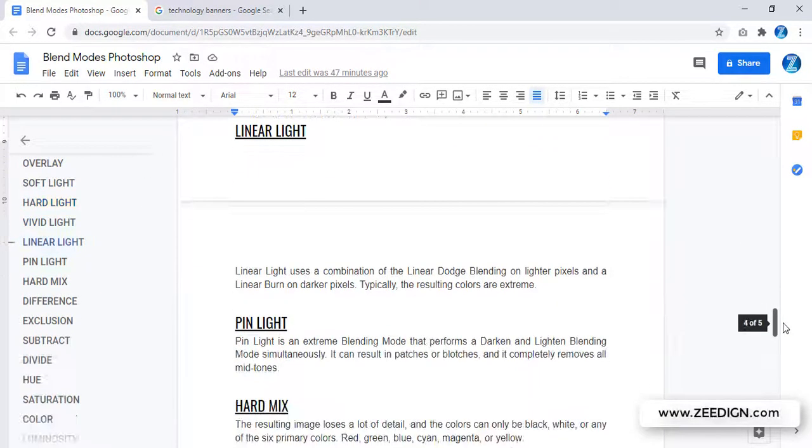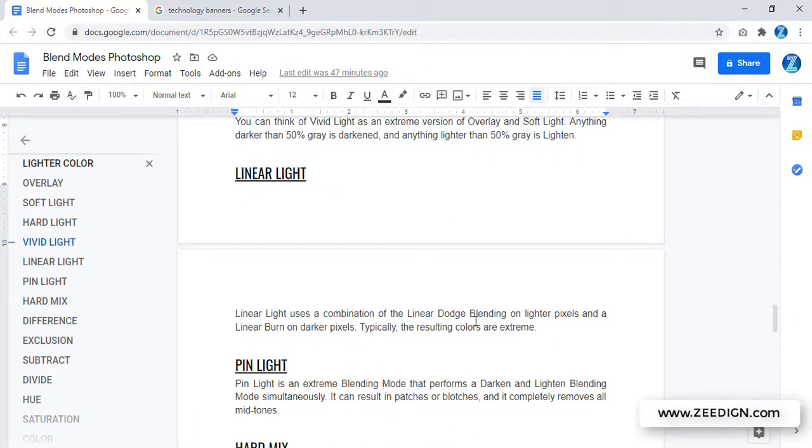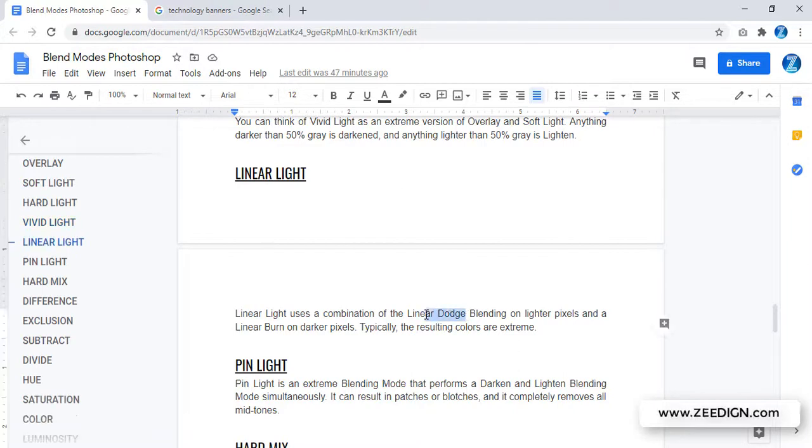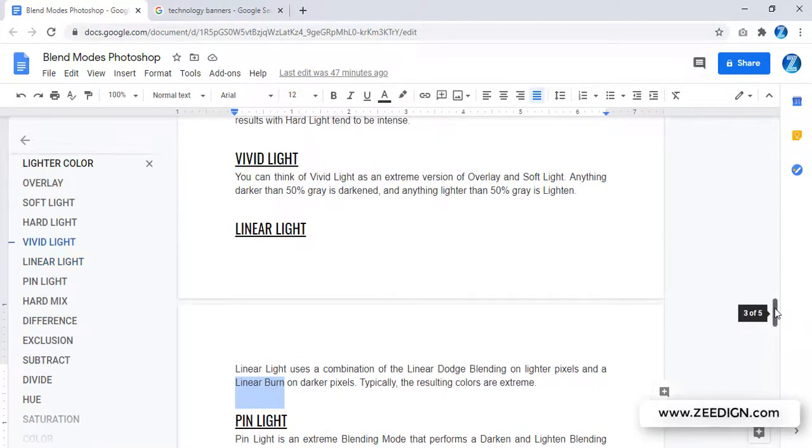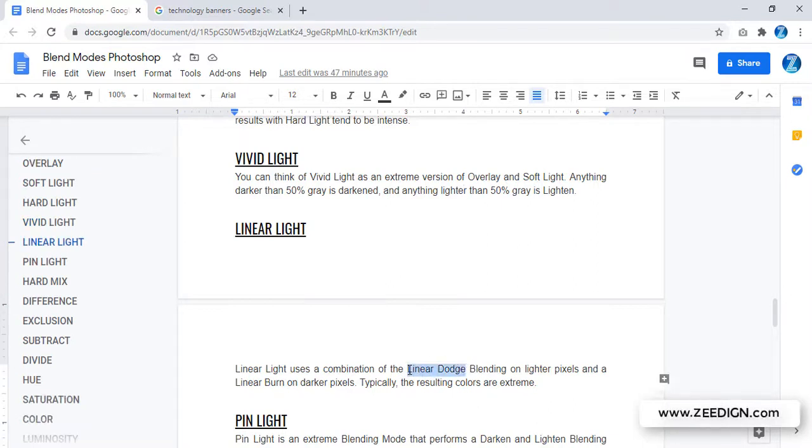Moving on to the next one, linear light. Linear light uses a combination of linear dodge, and that's the one we have covered earlier, blending on lighter pixels and linear burn on darker pixels. So what it is doing is pretty much like vivid light, because it also has that threshold value.